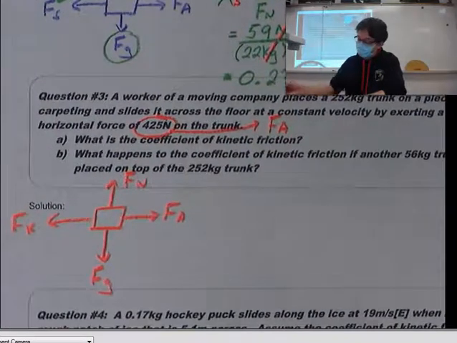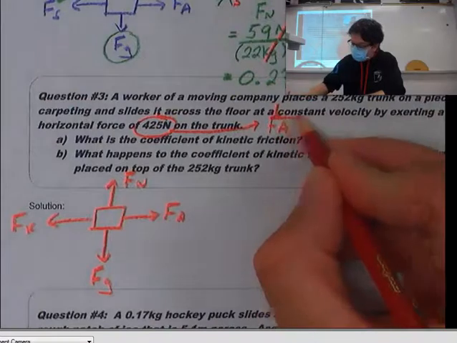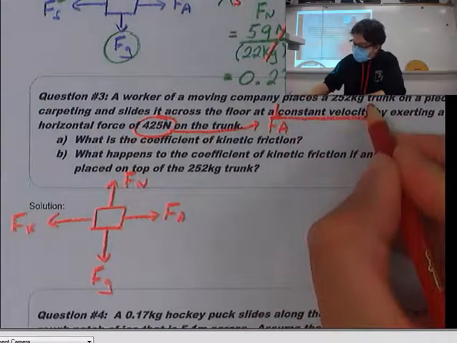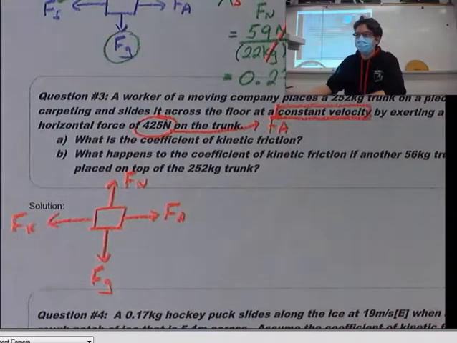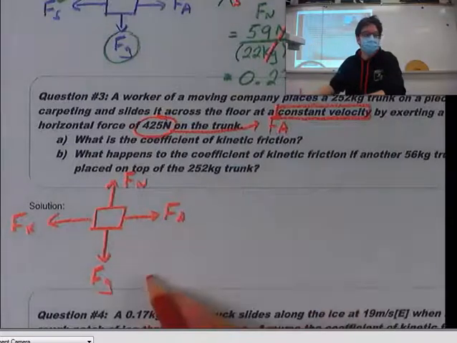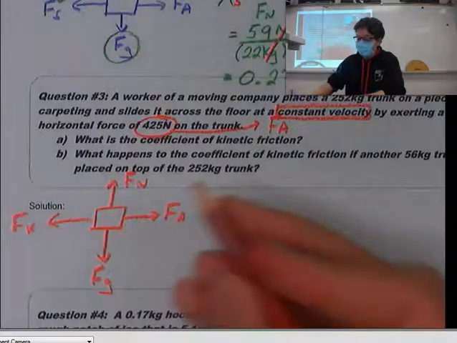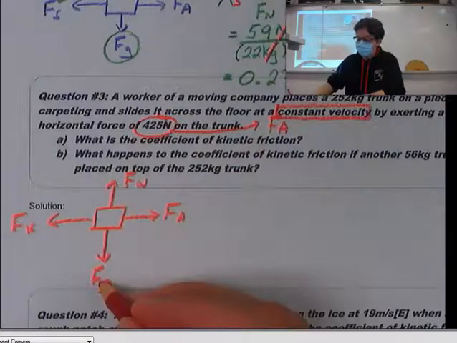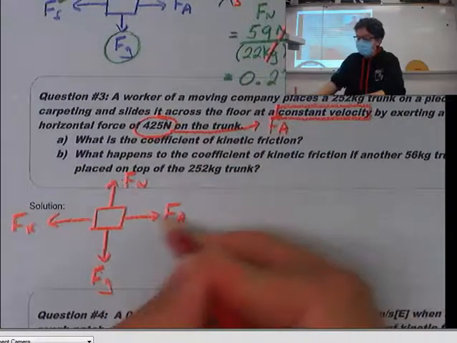Now, in this case, this is actually very, very important. It's moving with a constant velocity. That tells us that there's no acceleration. And if there's no acceleration, all the forces are balanced, meaning normal equals gravity, and applied force equals kinetic friction.